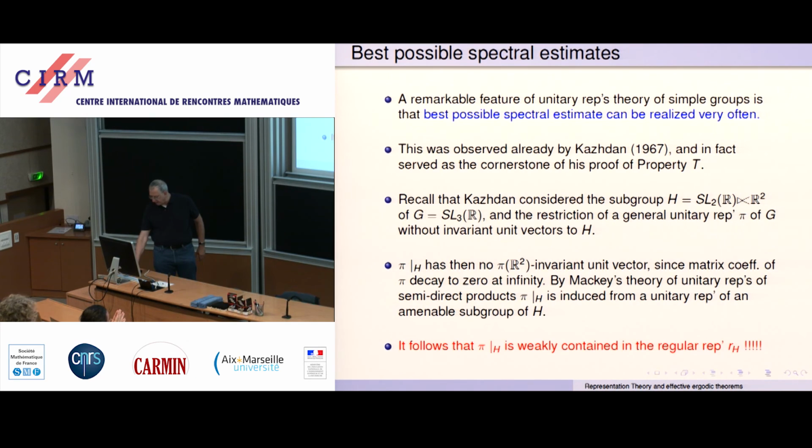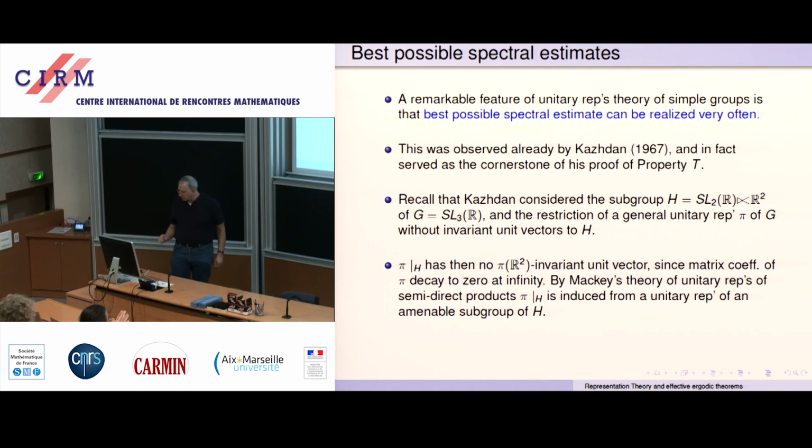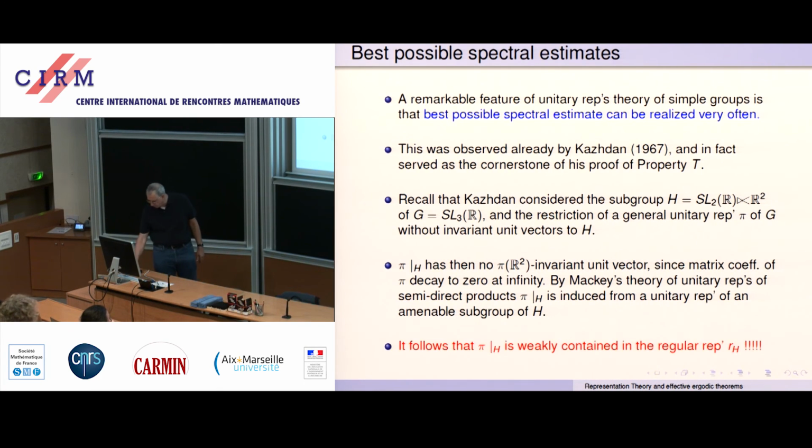And it then follows, because this restriction is induced from a unitary representation of an amenable subgroup, that pi restricted to H is weakly contained in the regular representation of H. But we have just seen in the previous minute ago that you can't do any better than that.